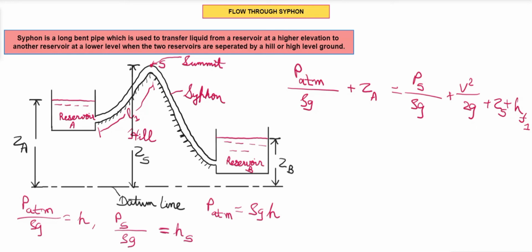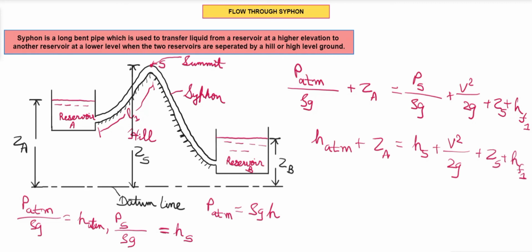That we will substitute in our equation. So H atmospheric plus ZA is equal to HS plus V square by 2g plus ZS plus HF1. Then I'll make HF1 the subject of the equation.